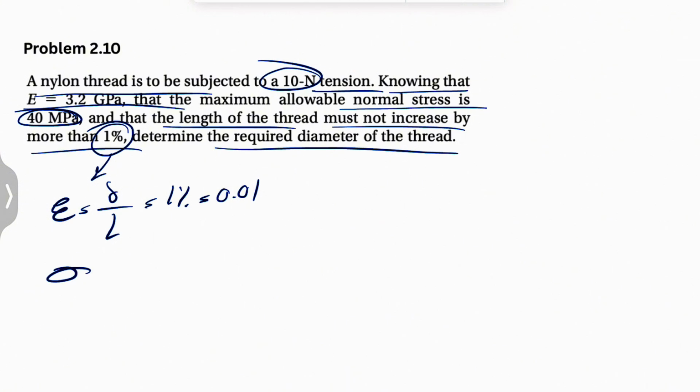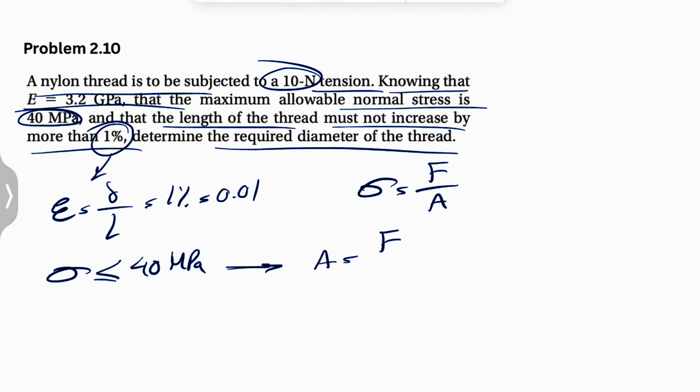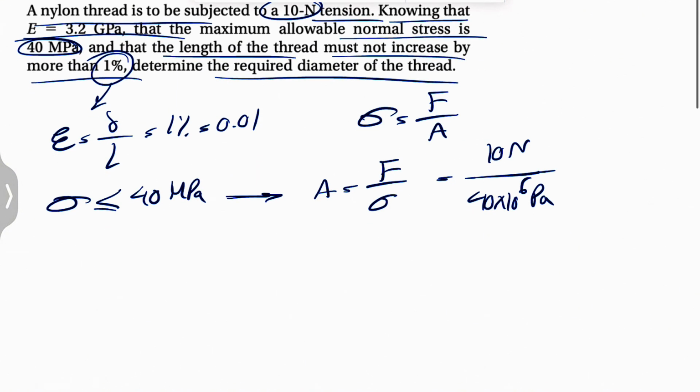First of all, we know that the normal stress is not supposed to pass 40 megapascal. Stress is equal to force over the area, so the area would be force over the stress. The force is 10 newtons and the stress is 40 times 10 to the 6 pascal. This gives us the area, which is pi divided by 4 times d squared.